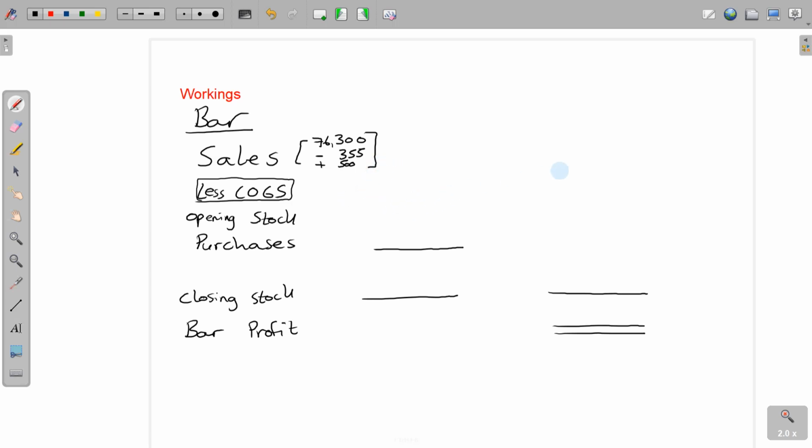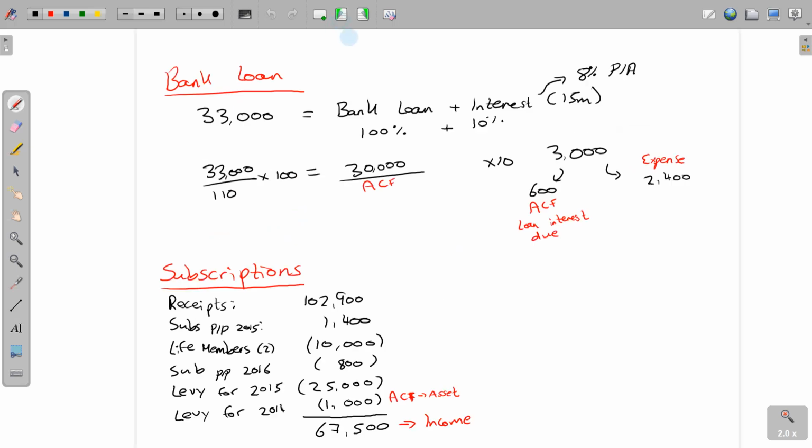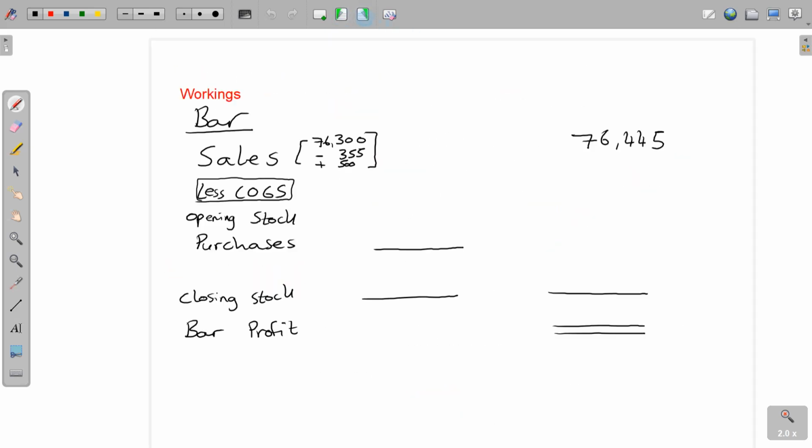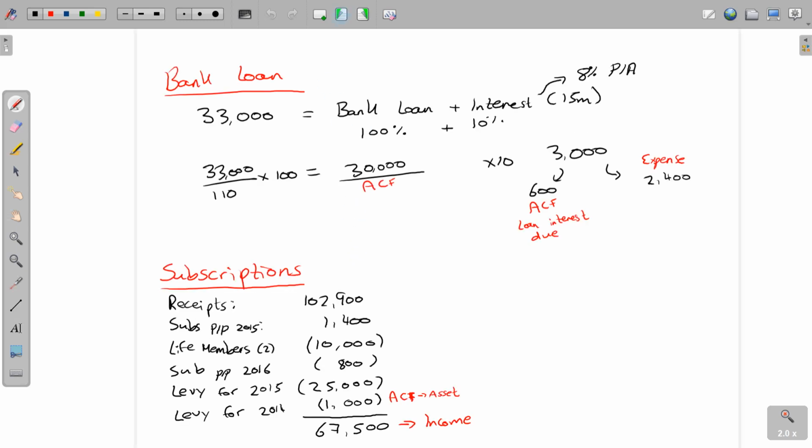So if you add all them together, we get 76,445. Less cost of goods sold. Our opening stock, well, we have our opening stock here, 6,000. Our purchases, so the same thing as our sales.